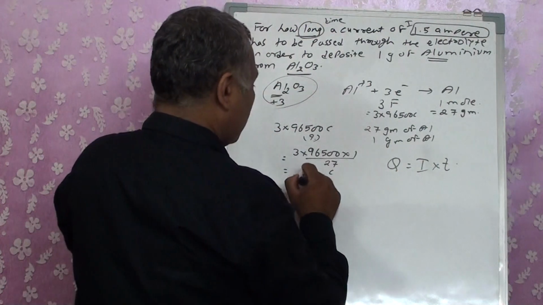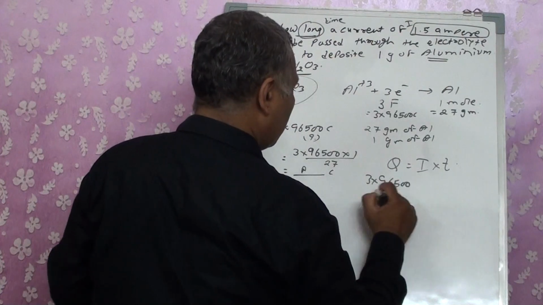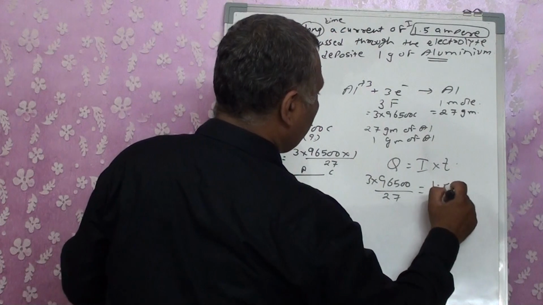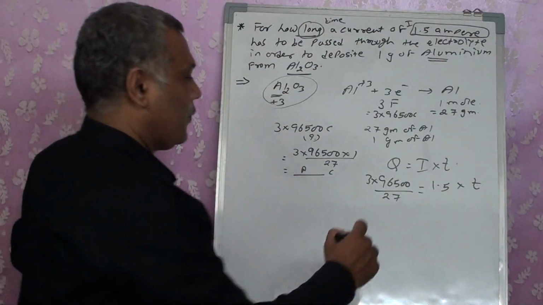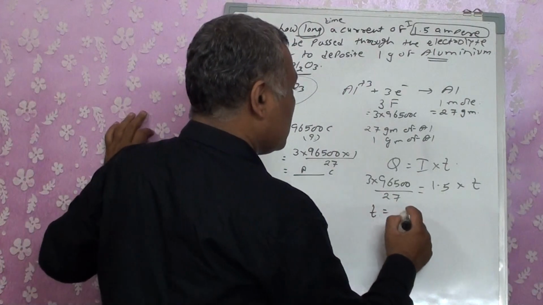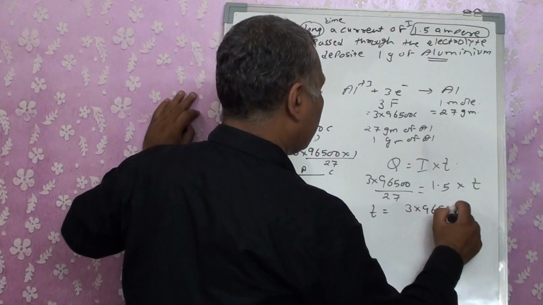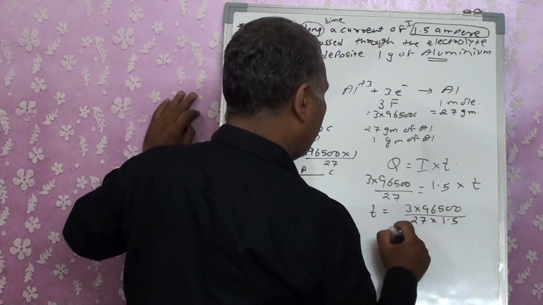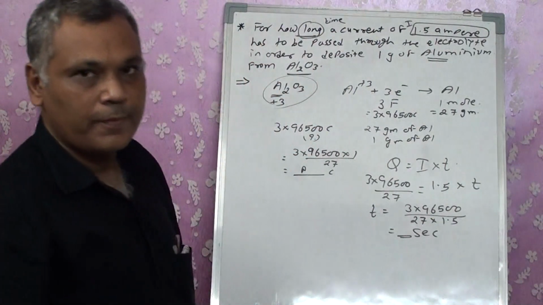Q I got over here: 3 into 96500 by 27. I is given to me as 1.5. I want to find out T. So making T the subject, we get 3 into 96500 divided by 27 into 1.5. That is in terms of seconds.